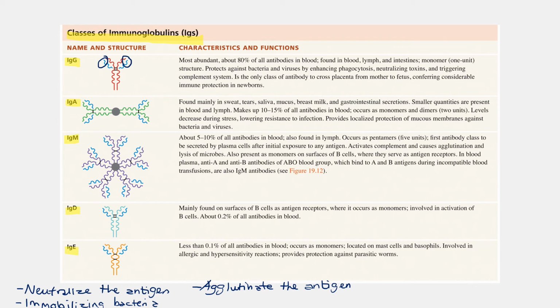Another action of antibodies includes activating complement. So antigen-antibody complexes can initiate the classical pathway of the complement pathway that we'll actually talk about in the next slide. So this is another thing that antibodies can do. And the last one is enhancing phagocytosis.